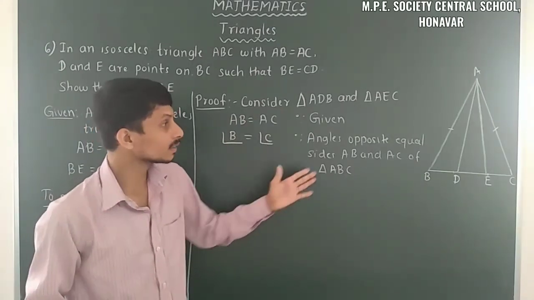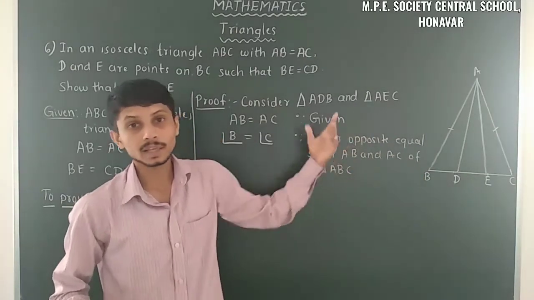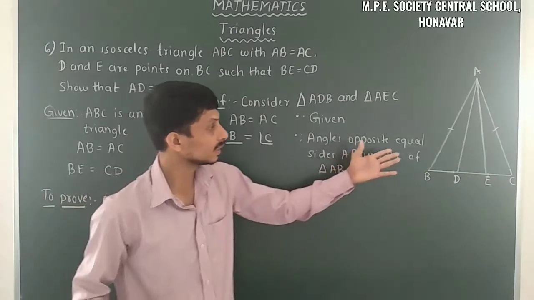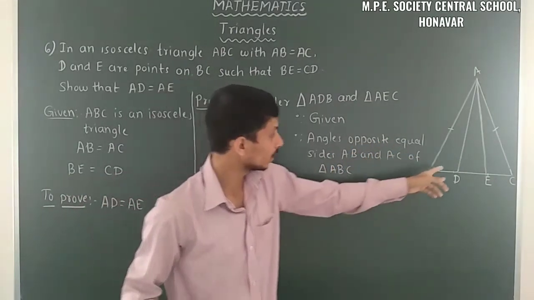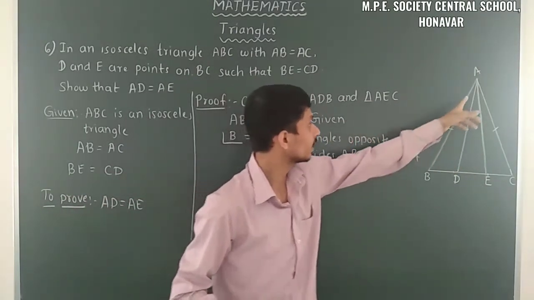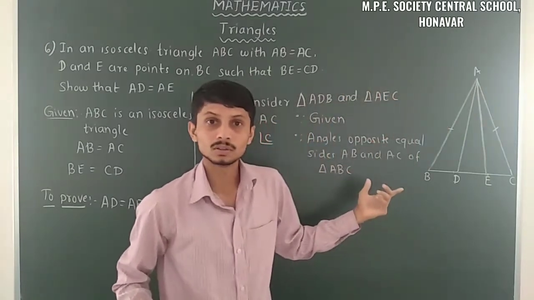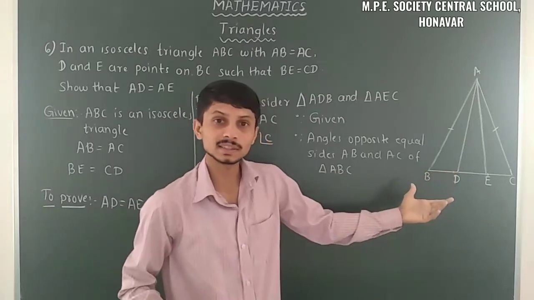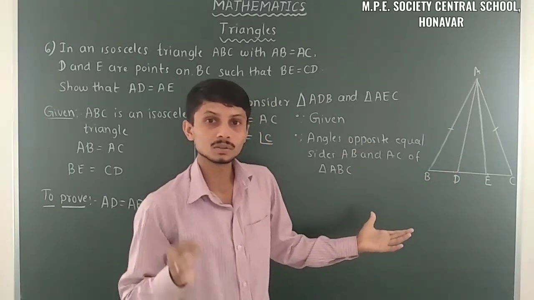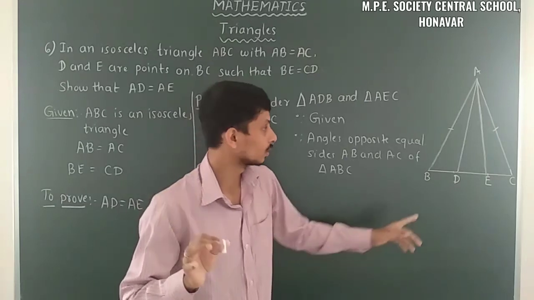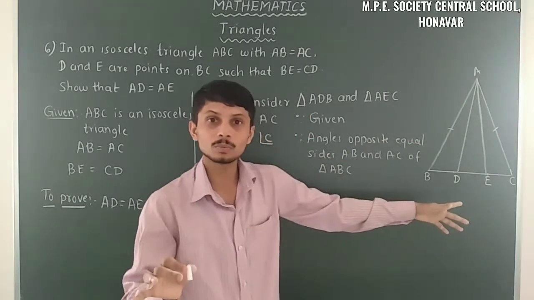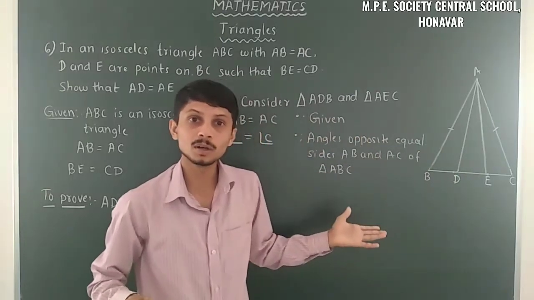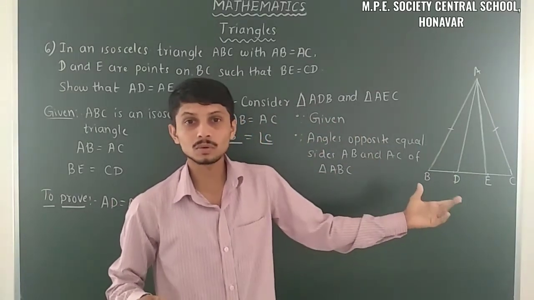Or if any other angles are equal, we can use ASA congruence. Here there is no other angle equal, and angle A is not equal. So we have to find other sides. We have to prove AD and AE, so only BD and EC remain. Whether it is possible to take those two as equal or not.